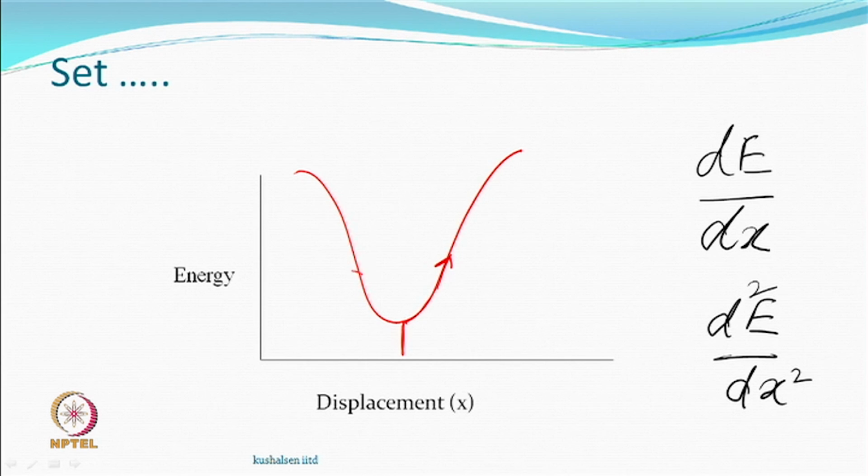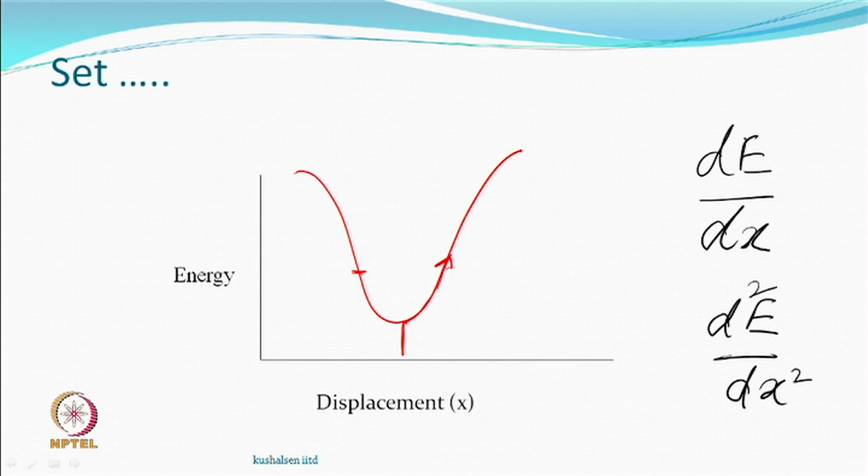So, you can change this displacement in one way or the other in any direction, but it will still come back to the same position, and that is what is setting. So, delta G must be doing something like that, all right. If you want to express, dE by dx should be 0, and d square E by dx square.